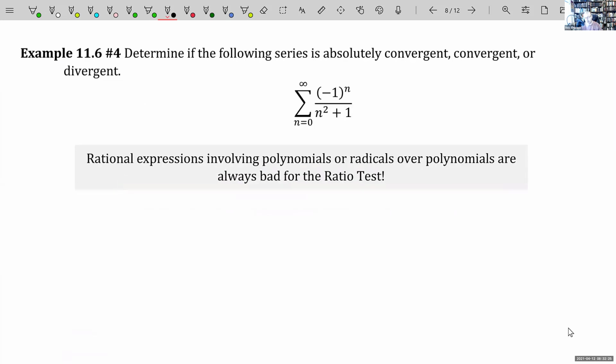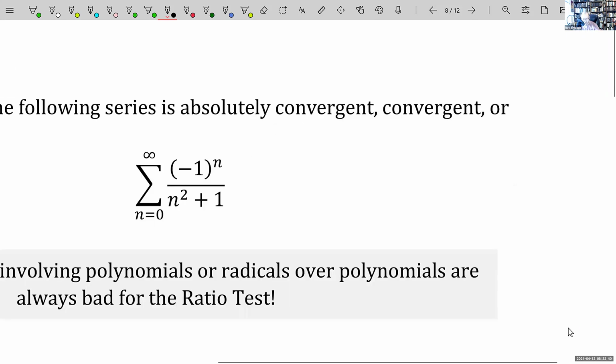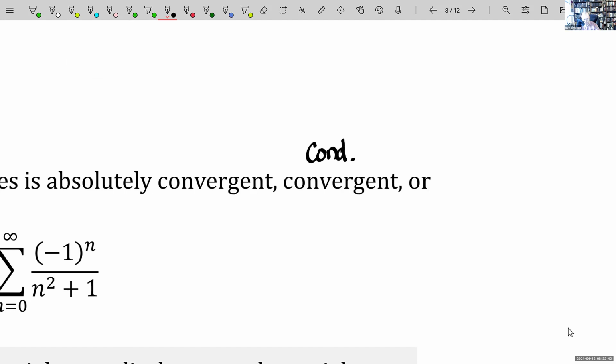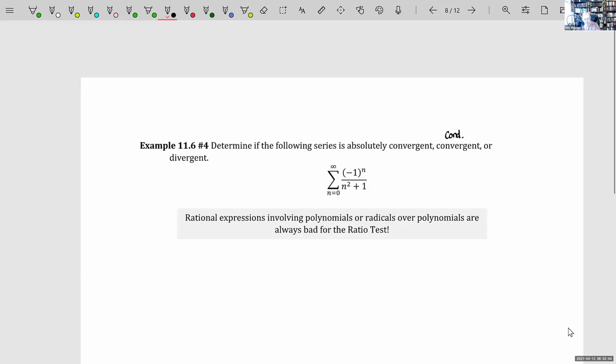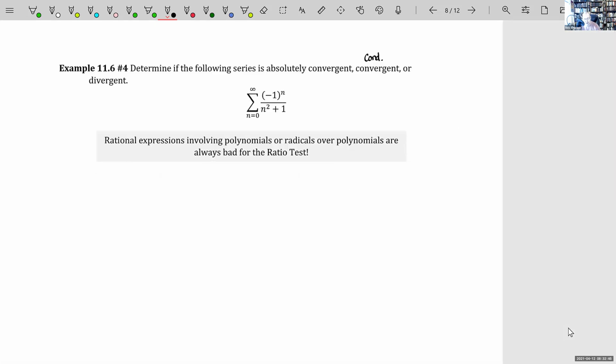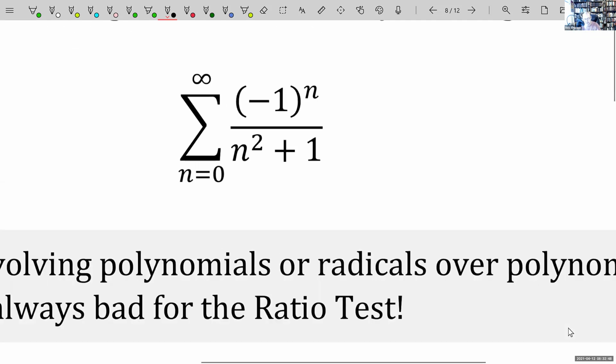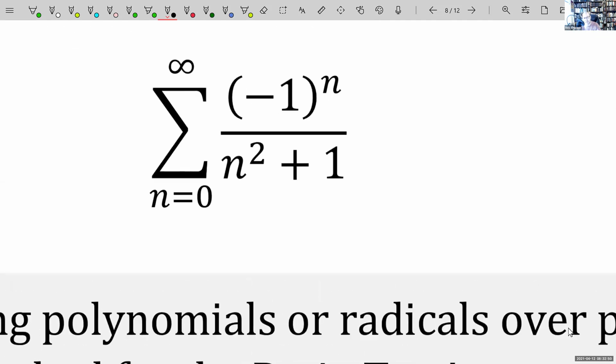The last one we have here is a lesson in when our ratio test is not usable. So determine if the following series is absolutely convergent, conditionally convergent, or divergent. If you take a look at this summation, it does have some alternations in there.